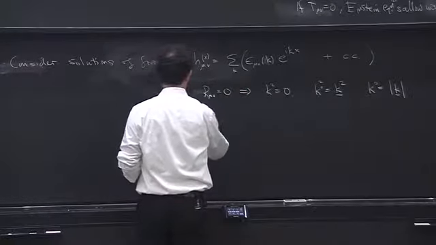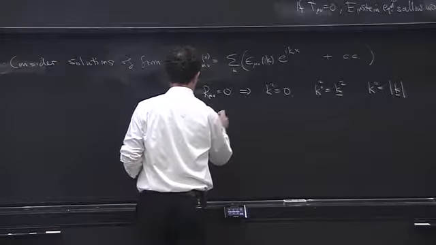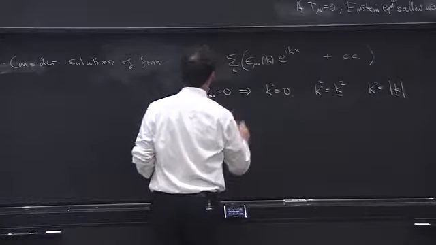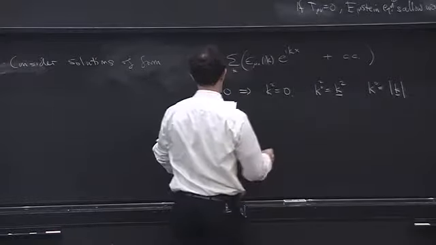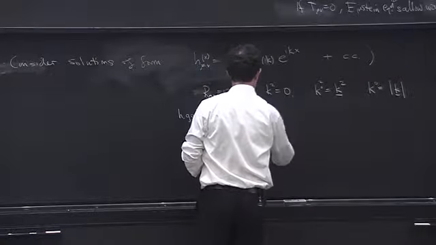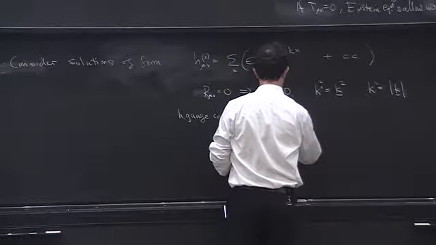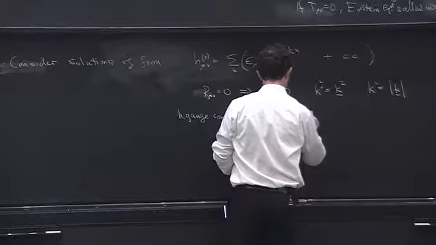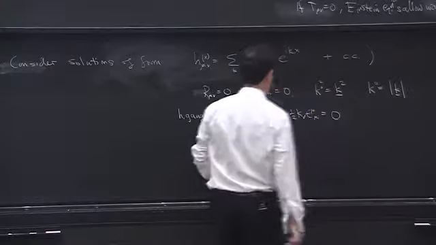We also have to have the harmonic gauge condition, which we wrote down up there, and what it reads is that k^μ ε_{μν} minus 1/2 k_ν ε^μ_μ equals 0.